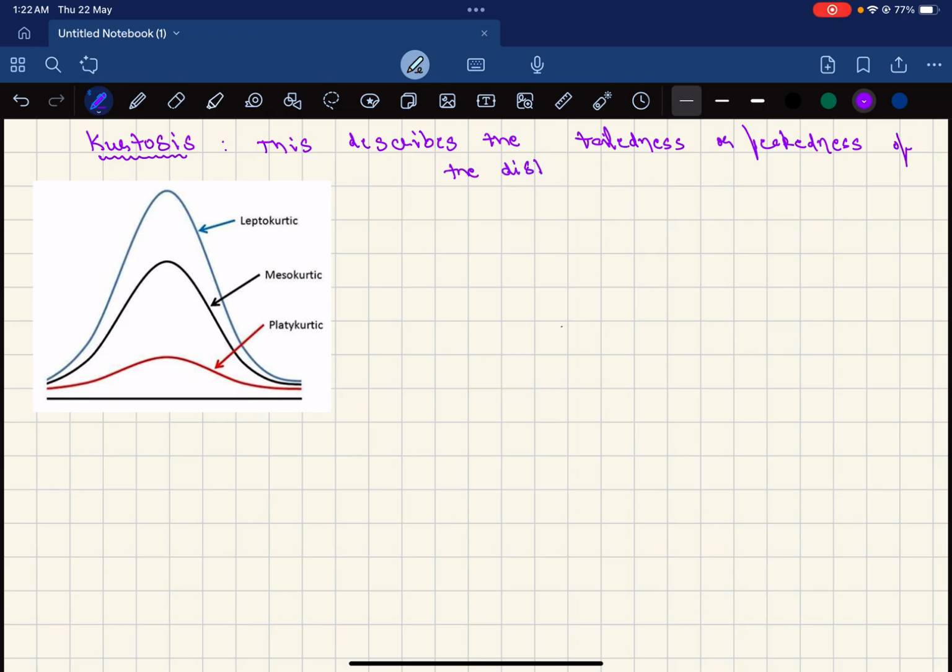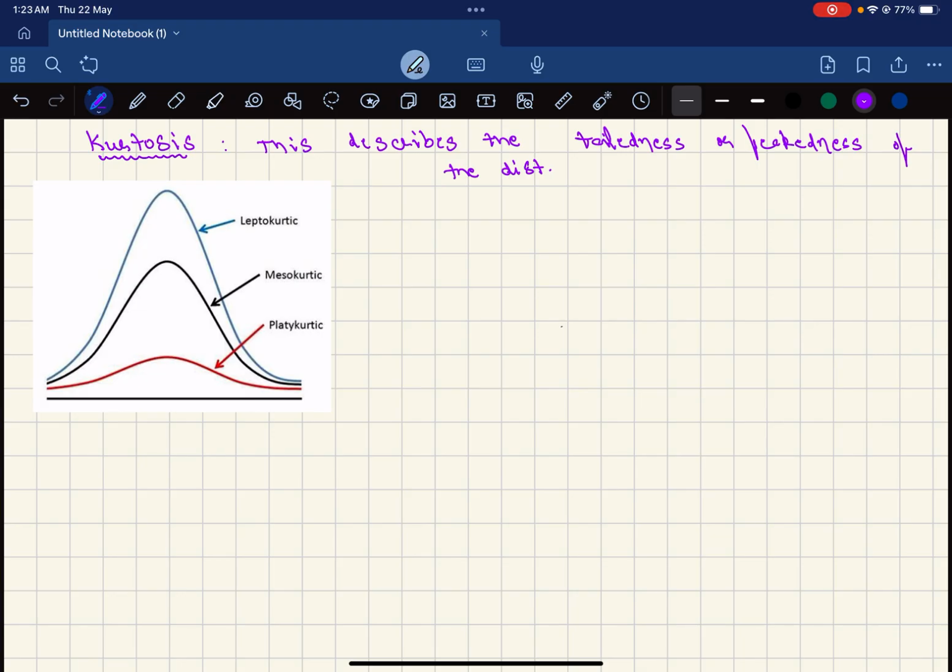Oftentimes you would see kurtosis being described as the peakedness of the distribution, but that is not exactly true. It actually gives you the relative difference between the tail and peaks of the distribution, like how much data is basically stored in the tail of the distribution and how much is stored in the peak of the distribution.